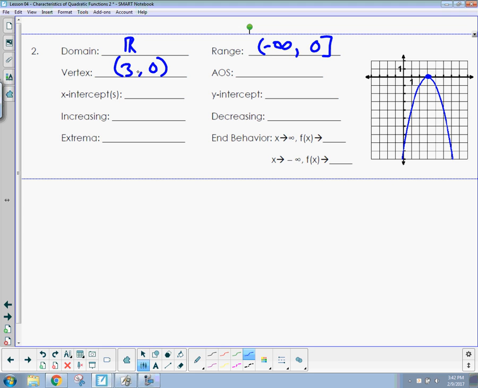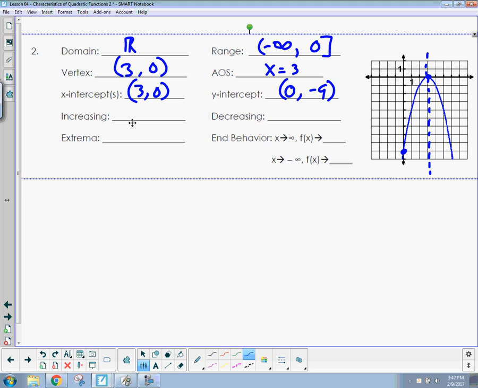Axis of symmetry, again, will be x equals 3. I'm pulling that from the x part of the vertex. X-intercepts, it's touching it once, so just (3, 0). Y-intercept, I'm thinking right here. That happens to be 1, 2, 3, 4, 5, 6, 7, 8, 9, so (0, -9).